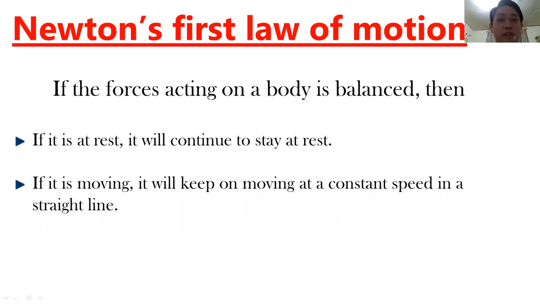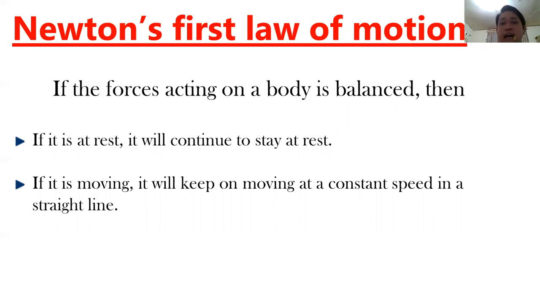F is equal to ma. We will tackle F equals ma later in the second law of motion. If no resultant force acts on an object, F becomes 0, which means it will not accelerate. That is the explanation of Newton's first law of motion.